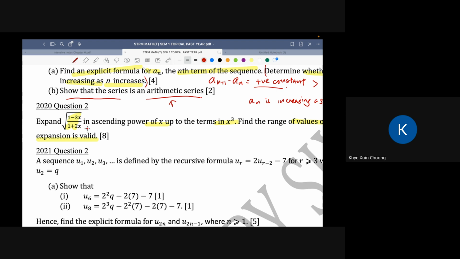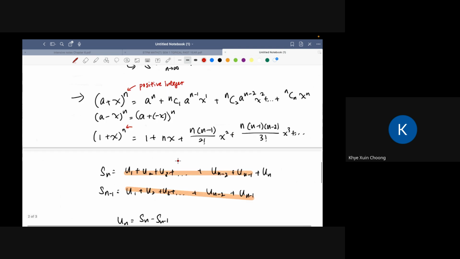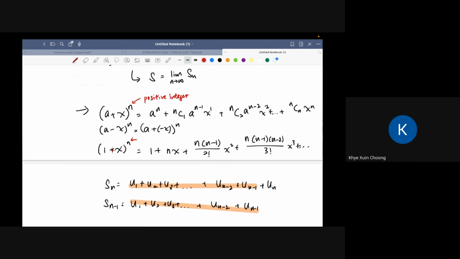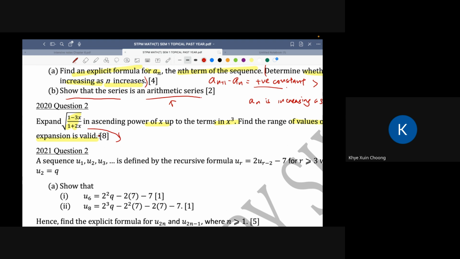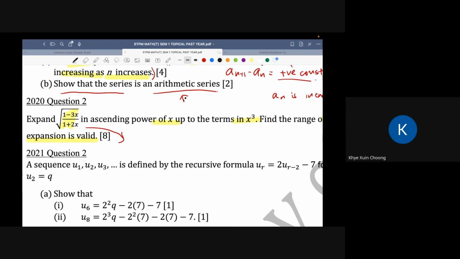So how to do this? If we want to do binomial expansion, we need to express it in the form like how we wrote just now, so it has the form 1 plus something, right? Then we can try to apply this formula. So this one can be written as (1 minus 3x) over (1 plus 2x), equals (1 minus 3x) to the power half times (1 plus 2x) to the power negative half.